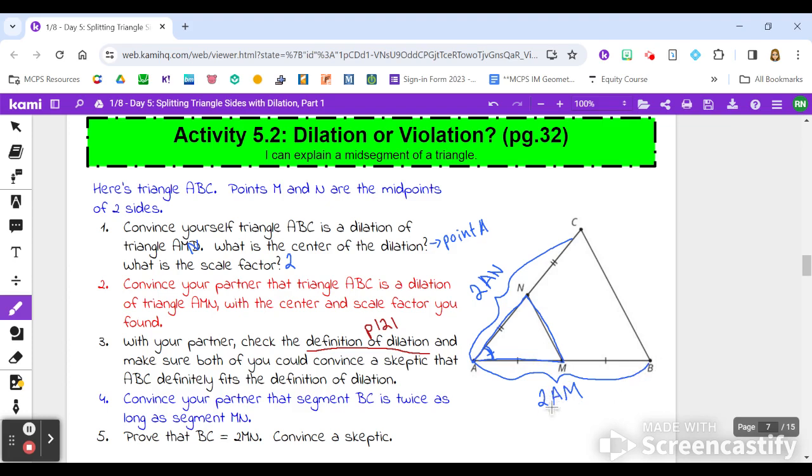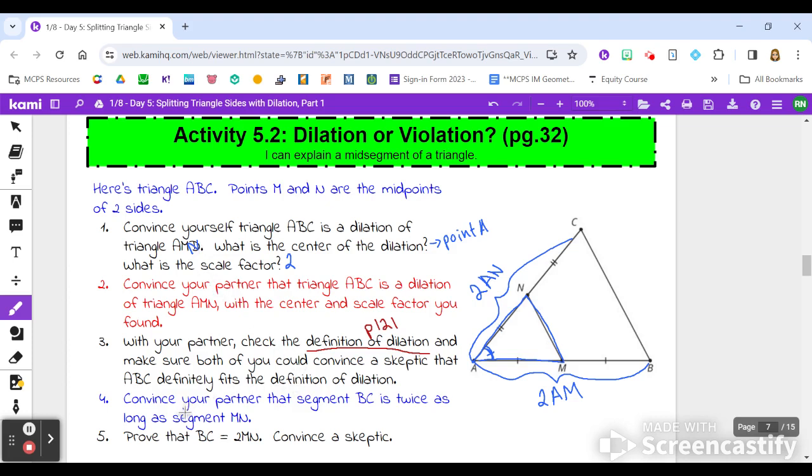We multiplied AM by 2, and over here we multiplied AN by 2 to find the length of AC. So that fits our definition of dilation because we're using a scale factor, or we're multiplying the length of our original image by the same number.